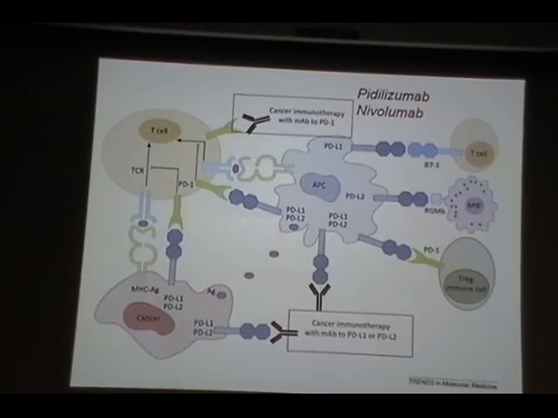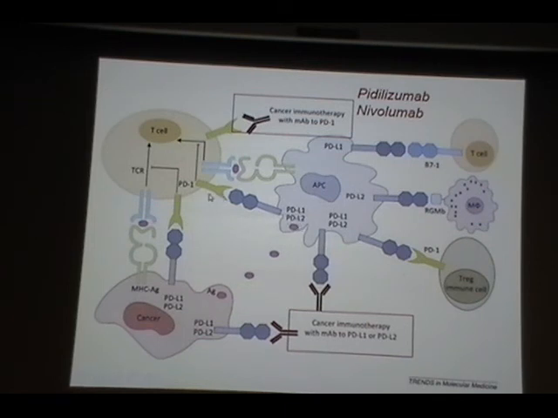So this is why PD-1 expressing T cells are unable to mount an immune attack on cancer cells, just because of activation of those. This is PD-1, a receptor, and it can interact with the ligand from antigen presenting cells or from cancer cells, which can also produce the ligand called PD-L1.